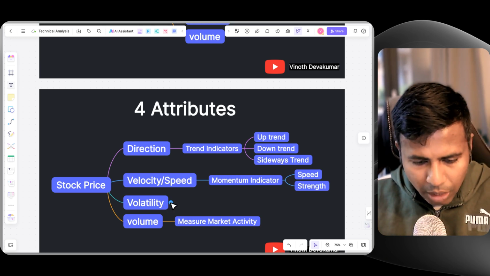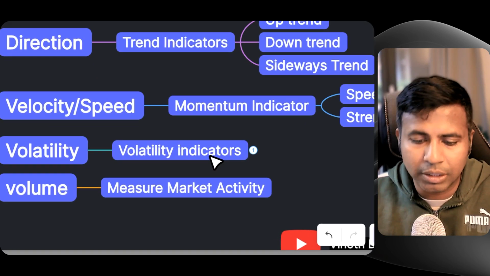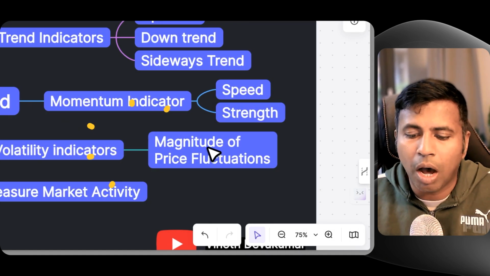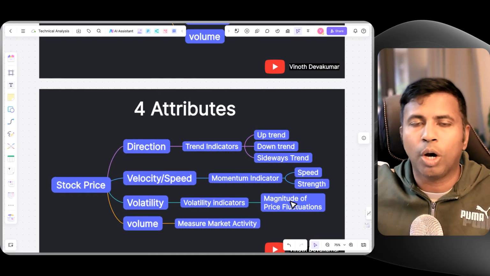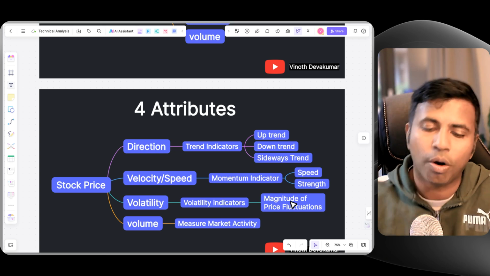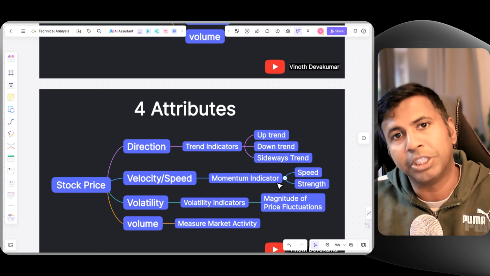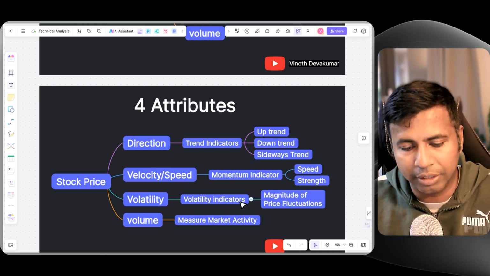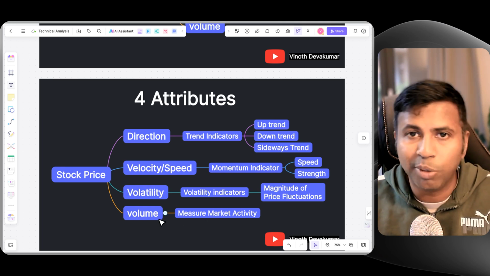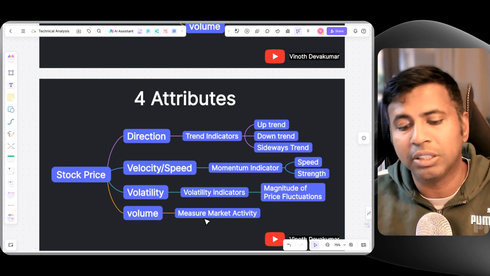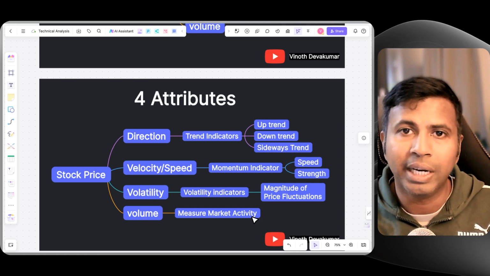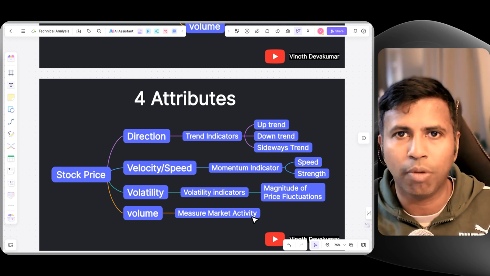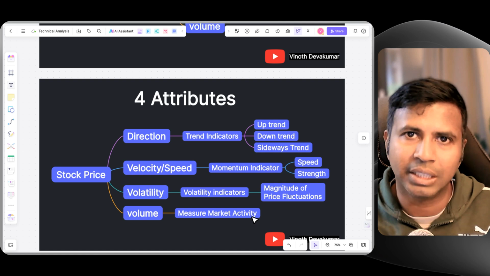Now volatility is nothing but the magnitude of the price fluctuations, how jumpy the stock is or how sensitive the price movement of the stock is. That is measured by the volatility indicators. Now the fourth attribute is called volume. It measures the market activity, the magnitude of the transactions that happen between buyers and sellers.